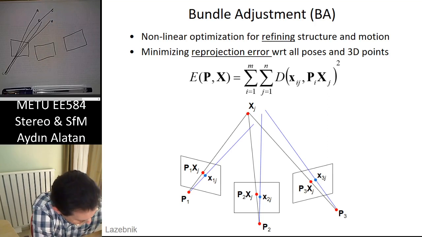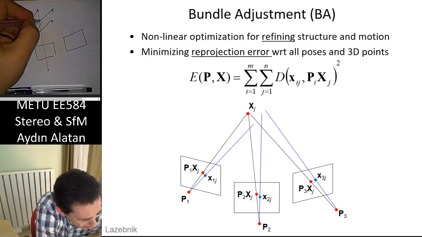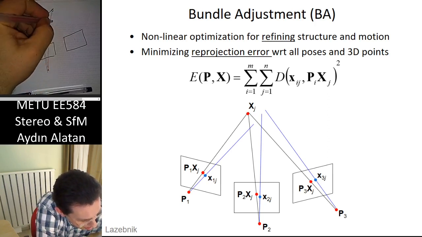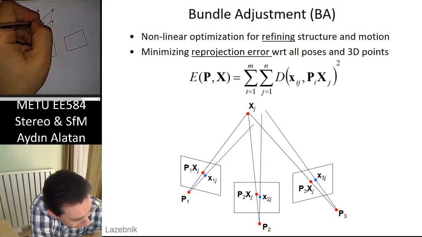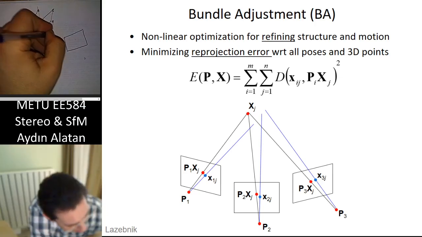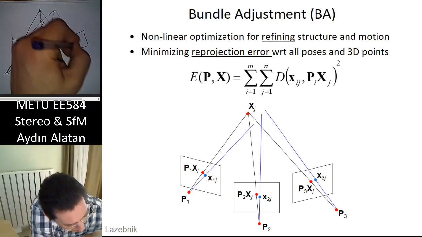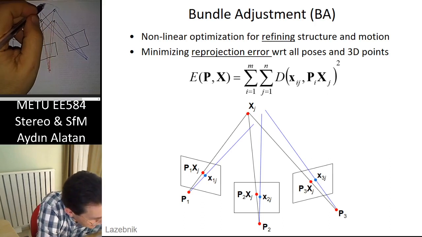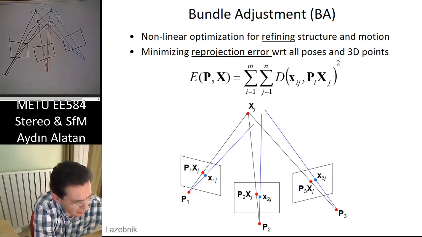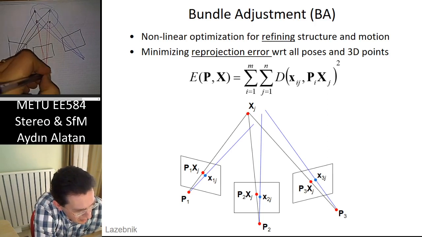This is one of them. This is the other one. This is the last one. As you can see, my aim is finding the 3D points here, and the unknown rotations and translations in between.